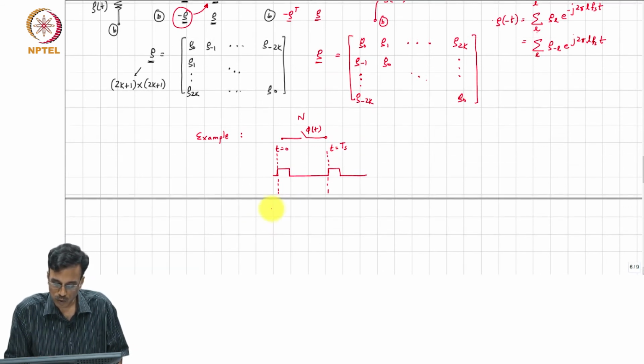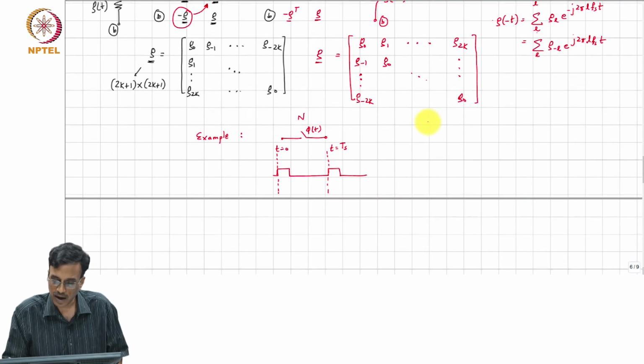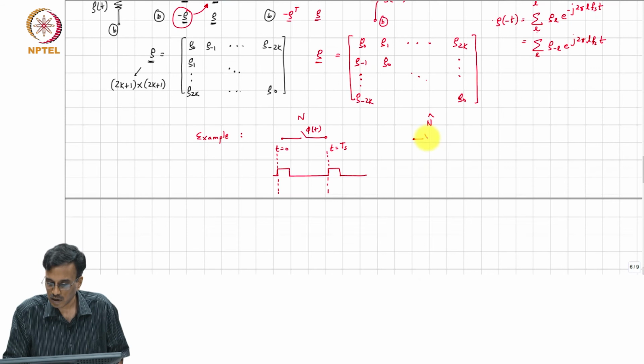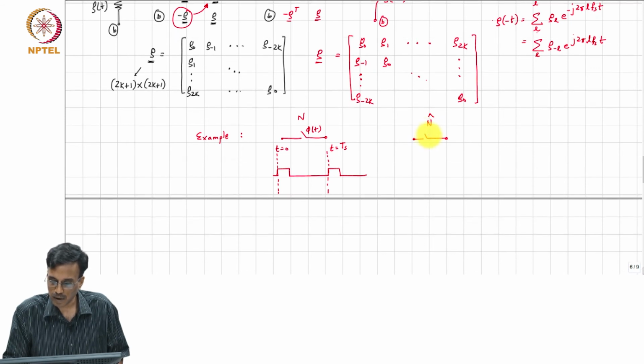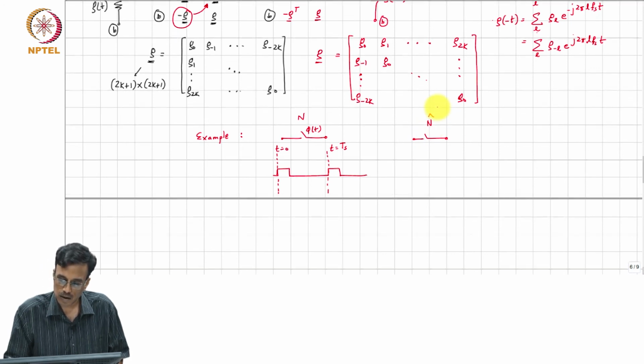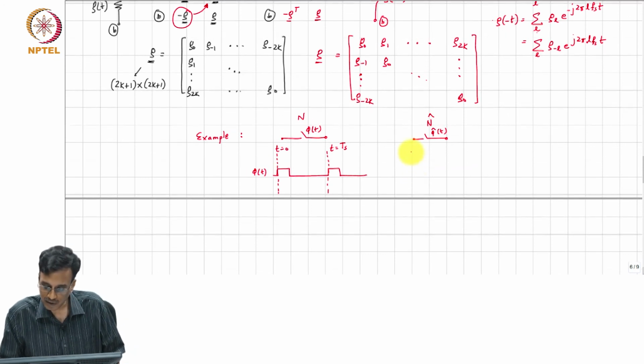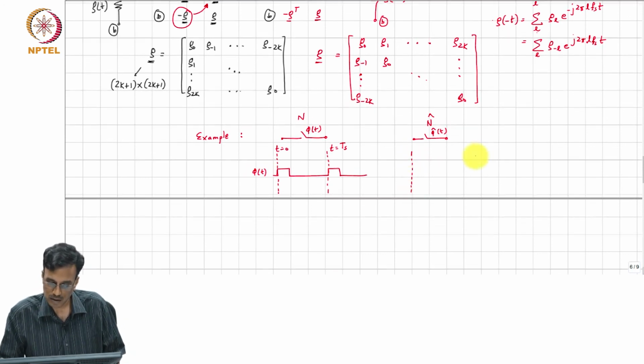Now, in N hat you would have the same switch controlled by phi hat of t. So, this is phi of t, right, and phi hat would basically look like this.